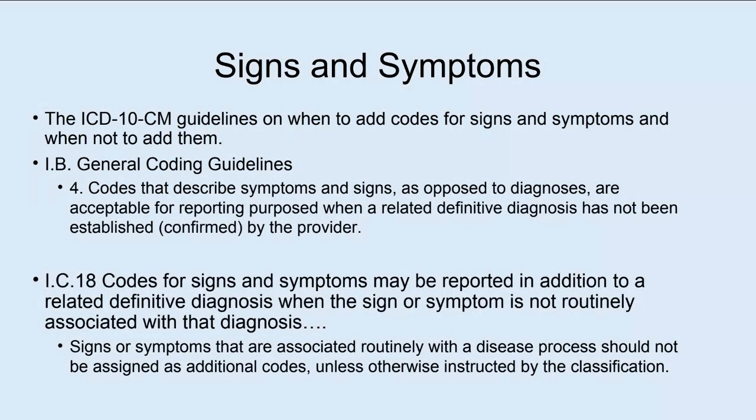So unless there's a note saying that you should. So the question to ask is, are we surprised that the patient is vomiting blood and has very dark stools? No, we're not, because the definitive diagnosis is bleeding gastric ulcer. So therefore, we're not going to report the codes for these signs and symptoms because they are related to the bleeding ulcer diagnosis.